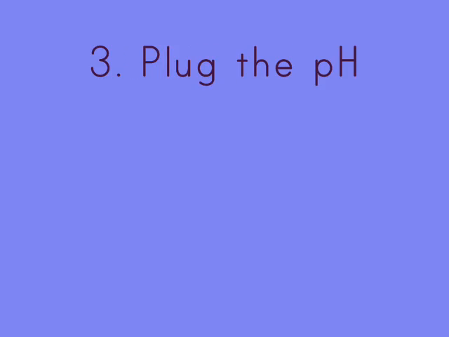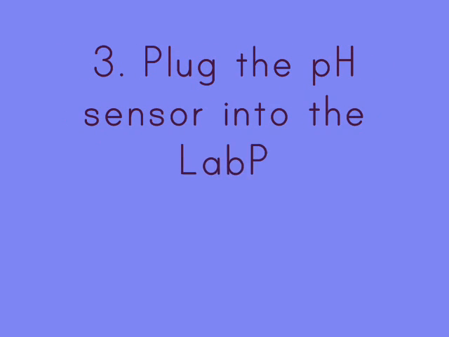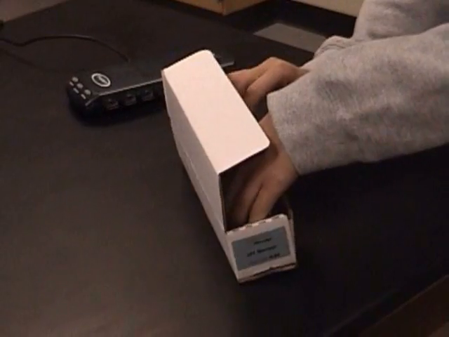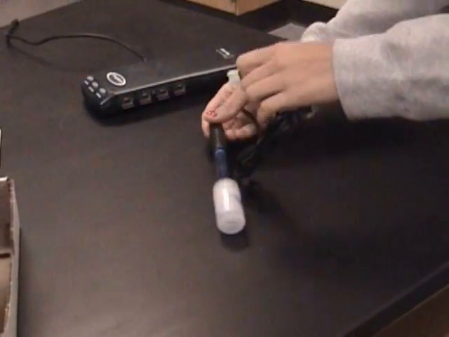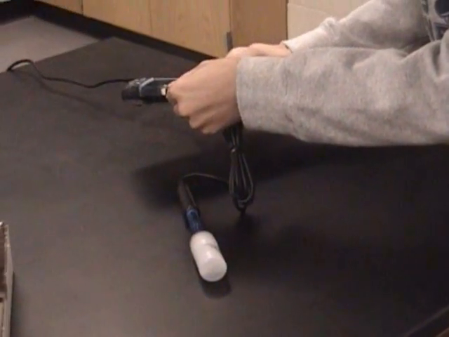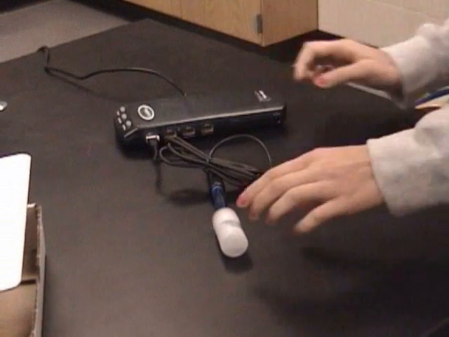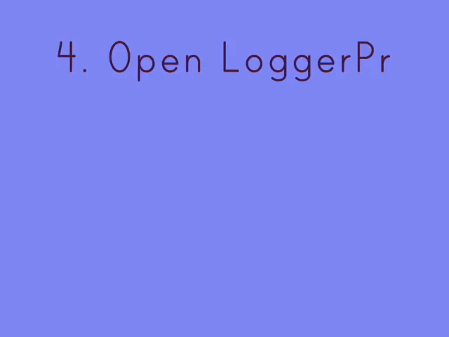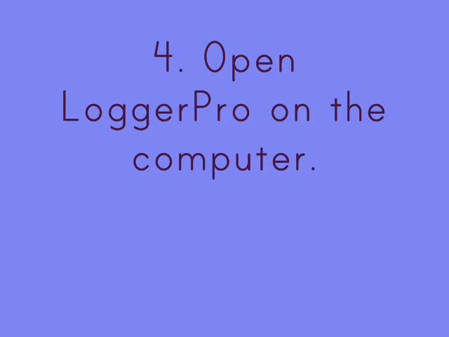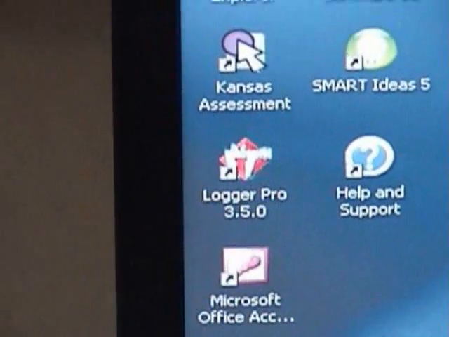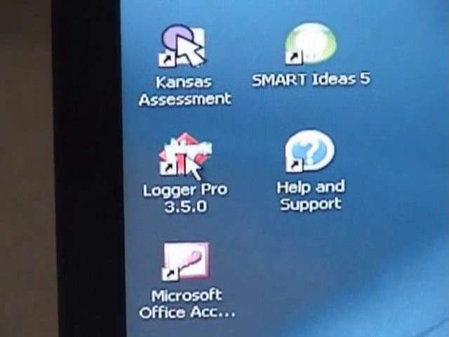Next, plug the pH meter into the Lab Pro. Finally, open the Logger Pro software program on the computer. The computer should automatically detect that a pH sensor is plugged in.